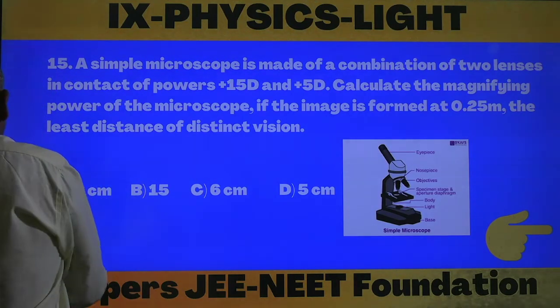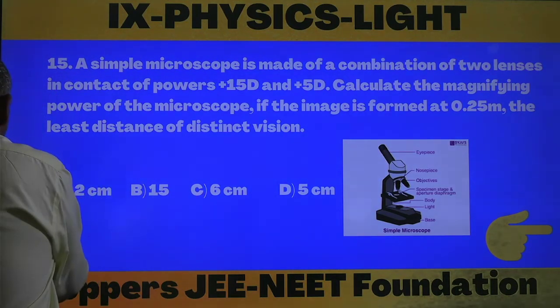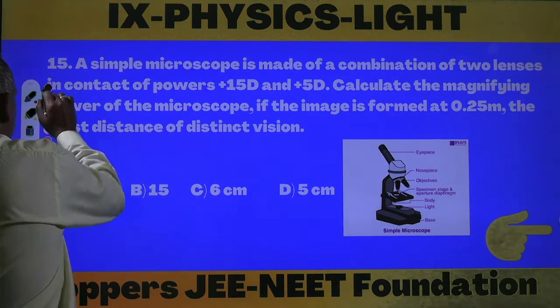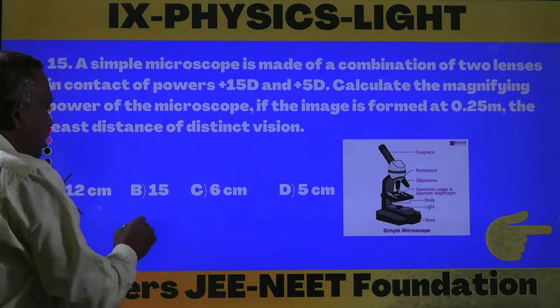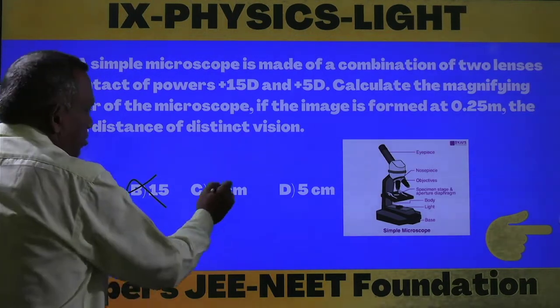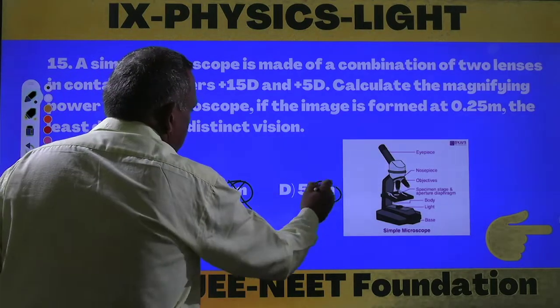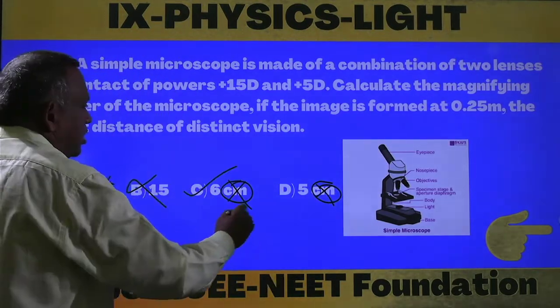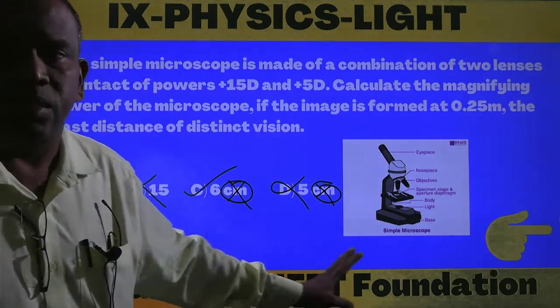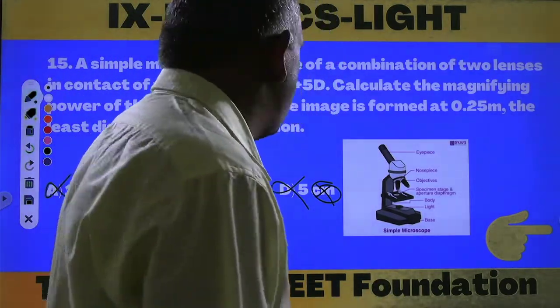The remaining options, 12 and 15 centimeters, are not supposed to be there. So 6 is the correct answer. The magnifying power is 6.